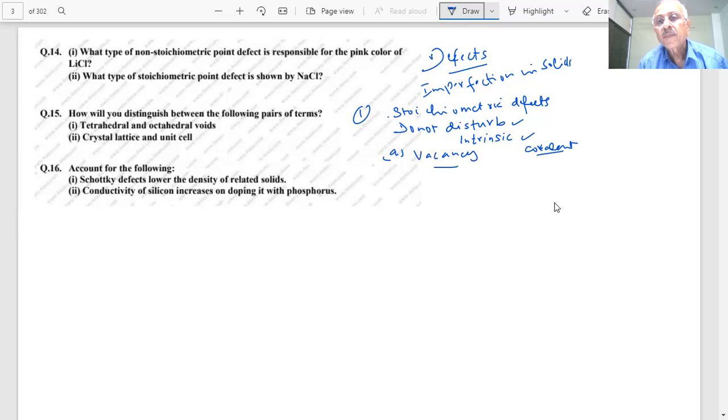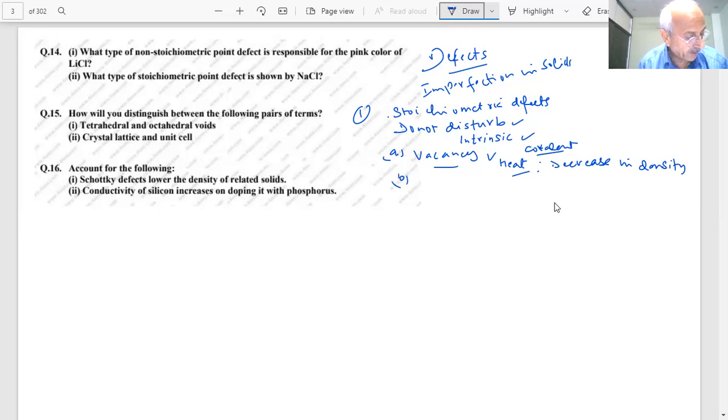Sir, it happens when the substance is heated. What will happen when you heat? The thermal energy increases, and some of the constituent particles are lost, student. So what will happen to the density? Density will decrease. There will be a decrease in density, students.